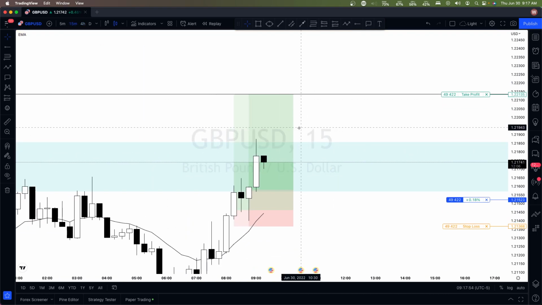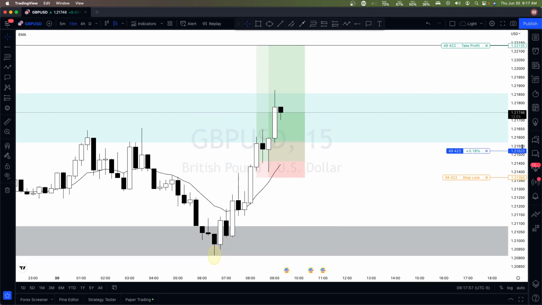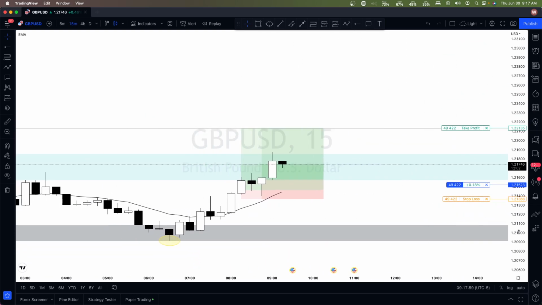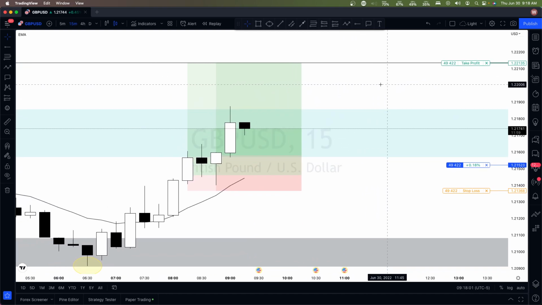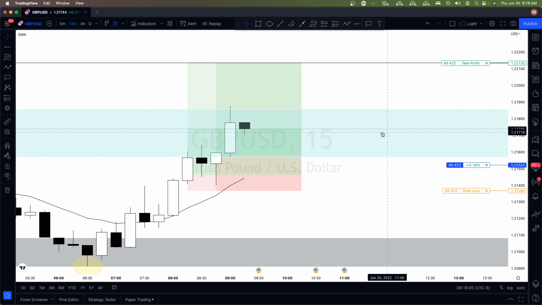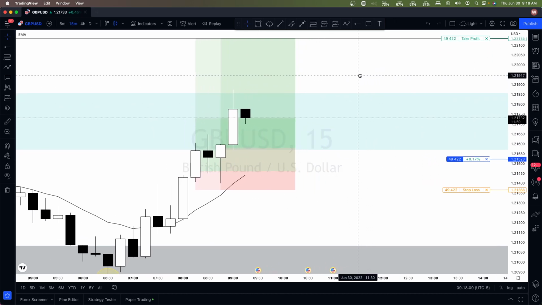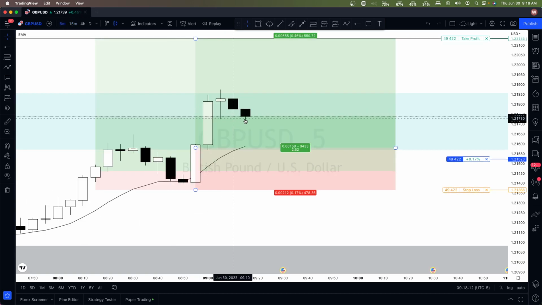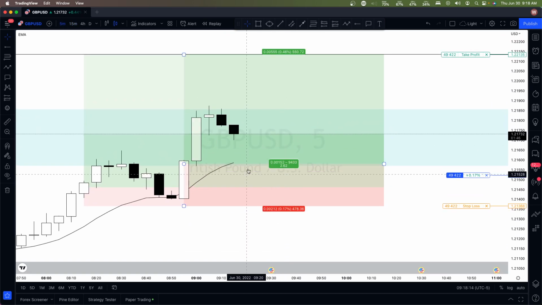15-minute. Their previous candle has a large wick outside of the zone, and now we're coming down a little bit on the 15-minute, which has about 12 minutes left to close. 5-minute, we are starting to come back down.